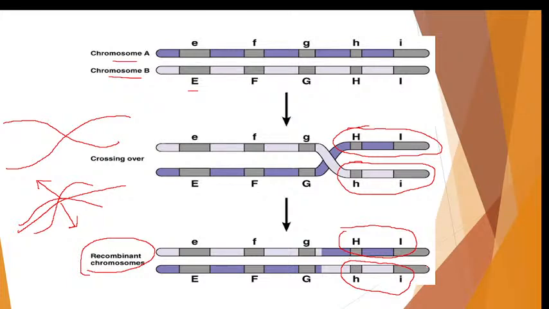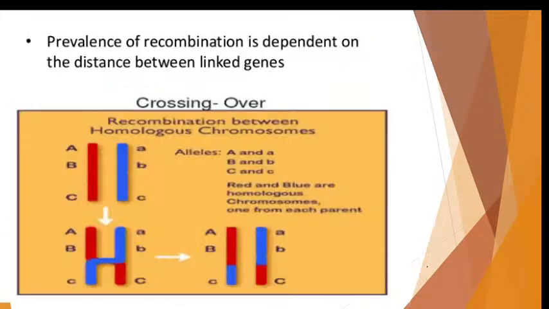That is crossing over. This is a simple pictorial representation of what is happening during chromosome crossing over. The important thing is that the non-sister chromatids should lie very close to each other.